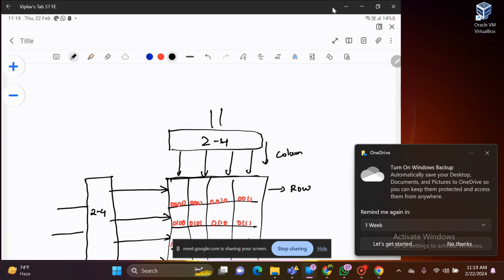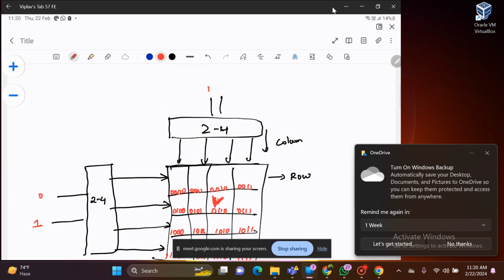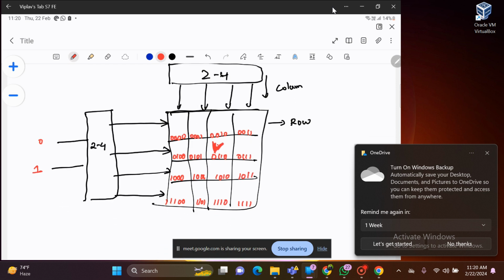Now suppose I want to fetch the data from one of these blocks, or addresses. I will give input 01 here, and then 10 here.